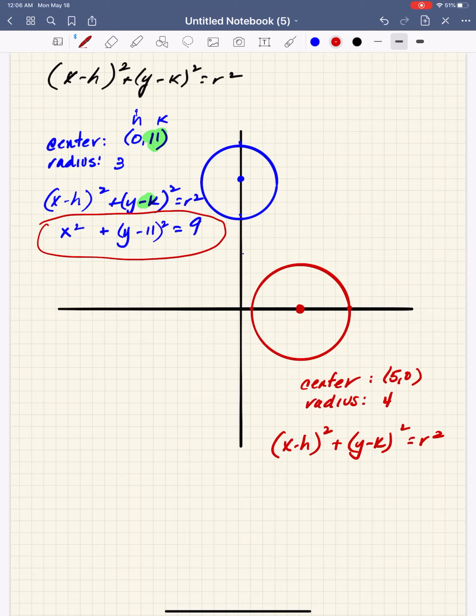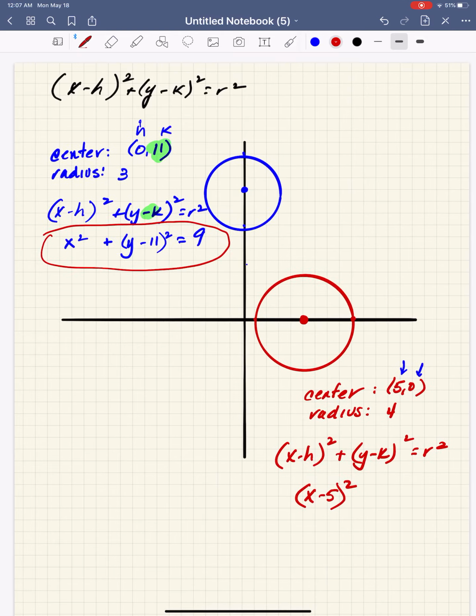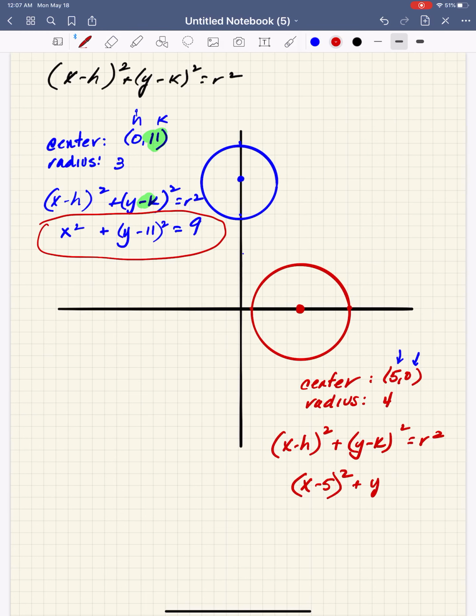Substitute your numbers in. If I have a positive 5 here, then in my formula, it's going to be a negative 5. So it's going to be x minus 5 squared. And if I have a 0 for the k value, then I'm just going to write y squared because it doesn't move up or down. It's just y squared. And that's going to equal 4 squared, which is 16.